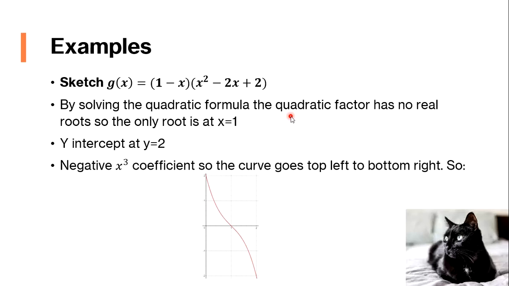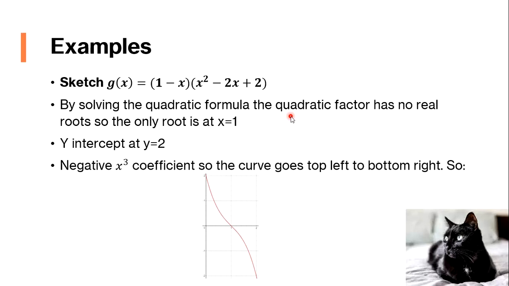So the only real root to this equation is that x equals 1. You can also use your calculator to find out that there's no real roots, or check it at least, and it'll come up in terms of i when it comes up with the answers for x.